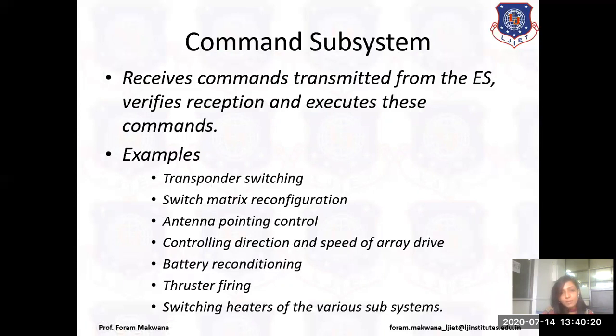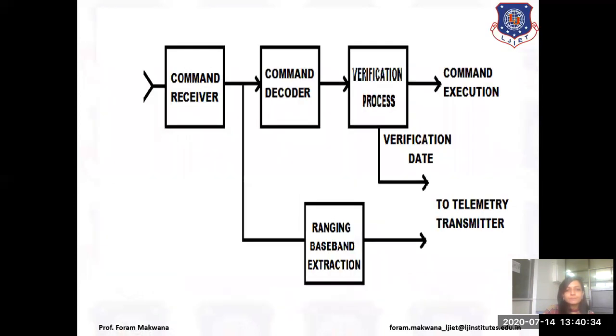With the help of this command subsystem, we are able to track and also provide a command to the satellite to maintain its correct attitude and its desired position in the orbit. So this is the block diagram of the command subsystem. The first block is the command receiver.